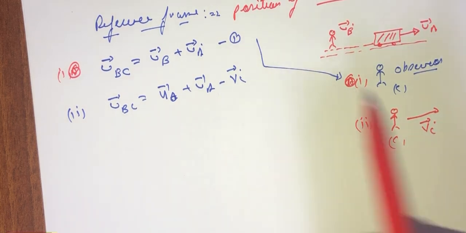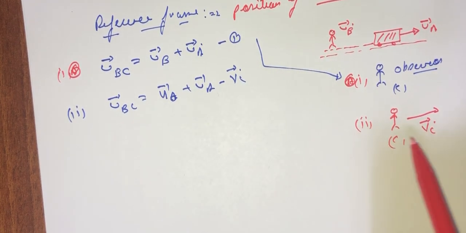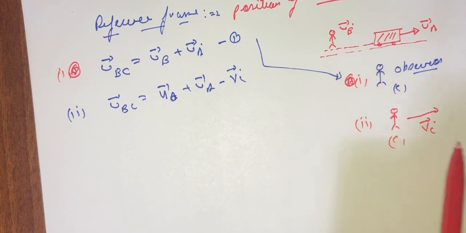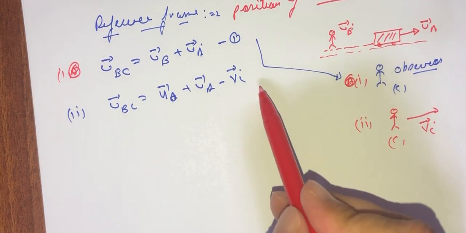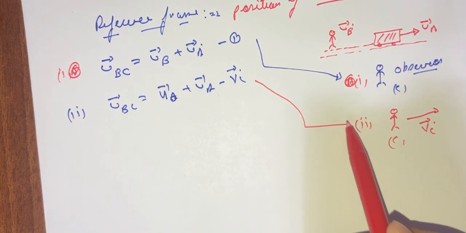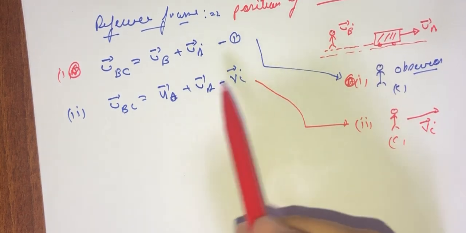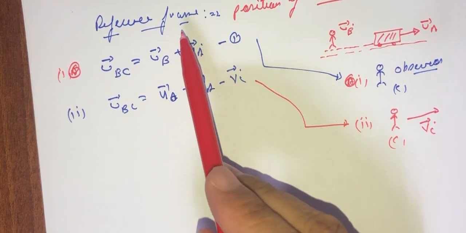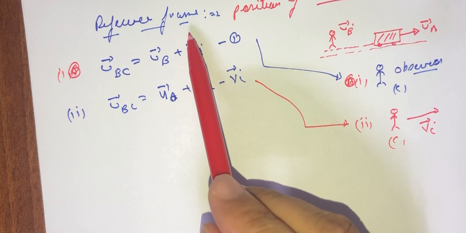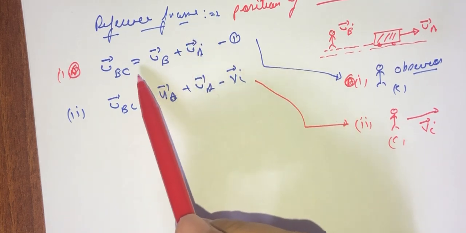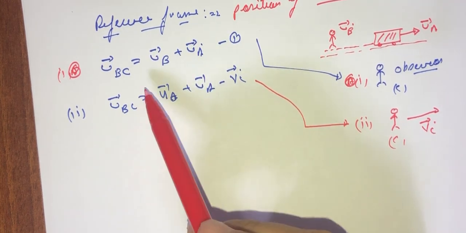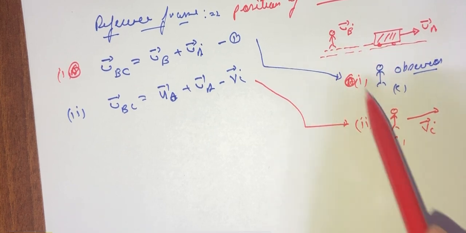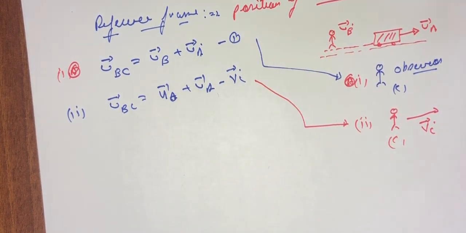And in the second part, if the observer is itself moving with the velocity Vc in the same direction, then the equation suddenly changes. So it means the position of the observer or the reference frame very much defines what will be the velocity of the person or the thing which he is observing. From this question it is very much clear.